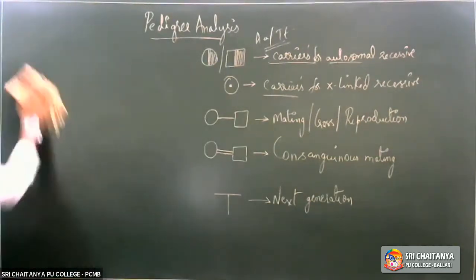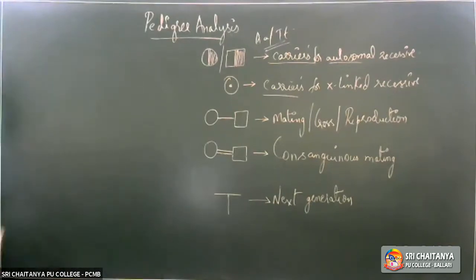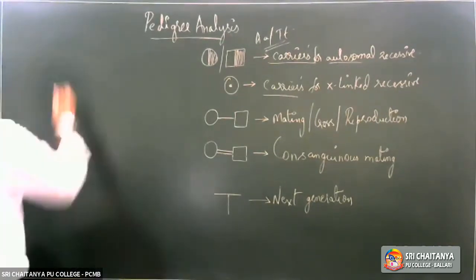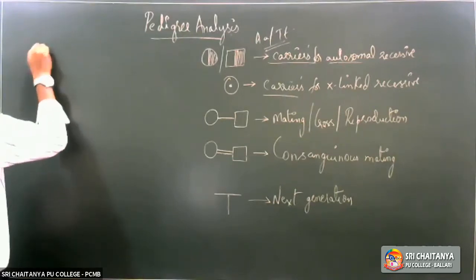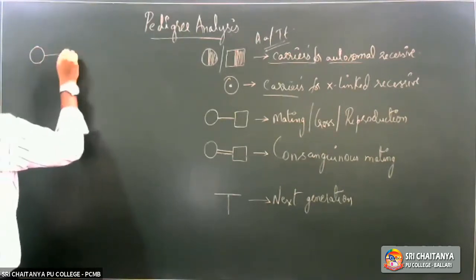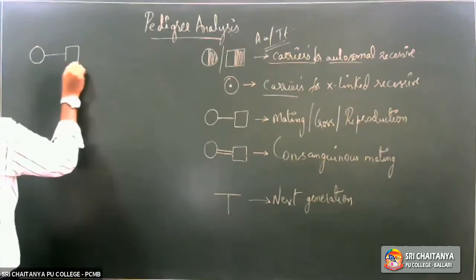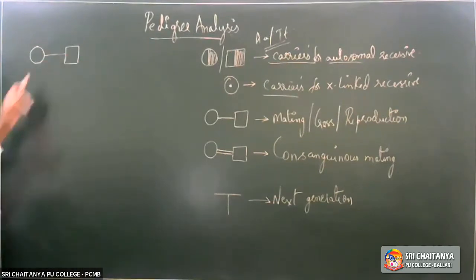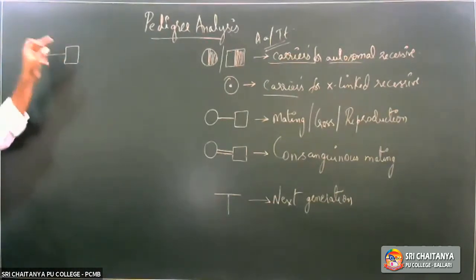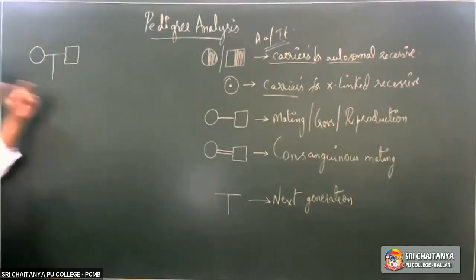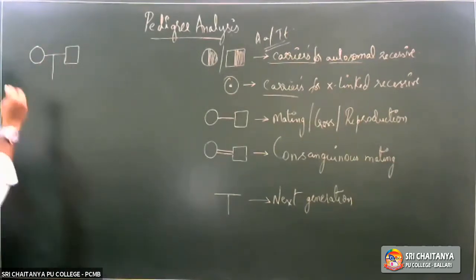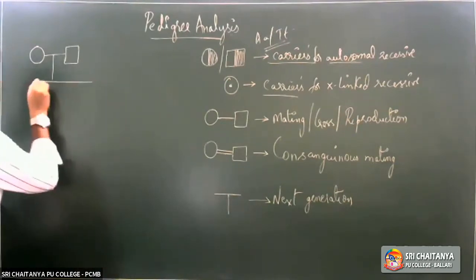So let's take up a few more symbols. We have a female here and a male here, and a horizontal line connecting the male and female indicates marriage. If we draw a line down, that indicates the next generation. So if we have to show their progeny, how do we show it?